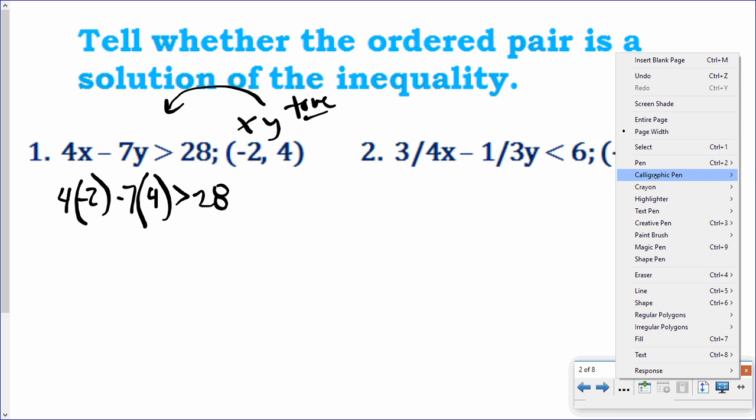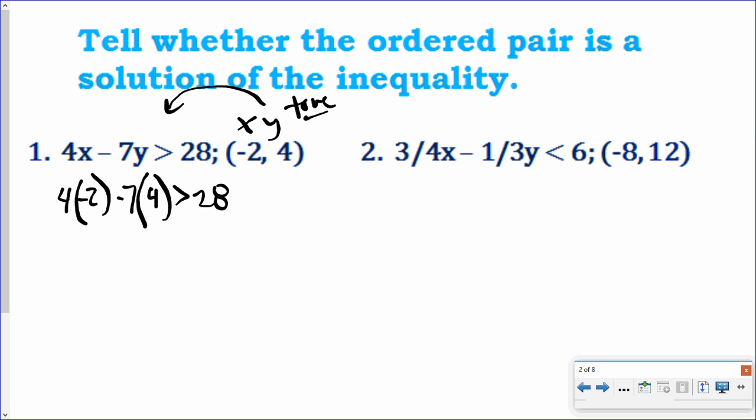And now I'll just have to evaluate this. So 4 times a -2 is a -8. -7 times 4 is a -28. So it's a -8 minus 28 is greater than 28. Well, now I do a -8 and I subtract 28 more.